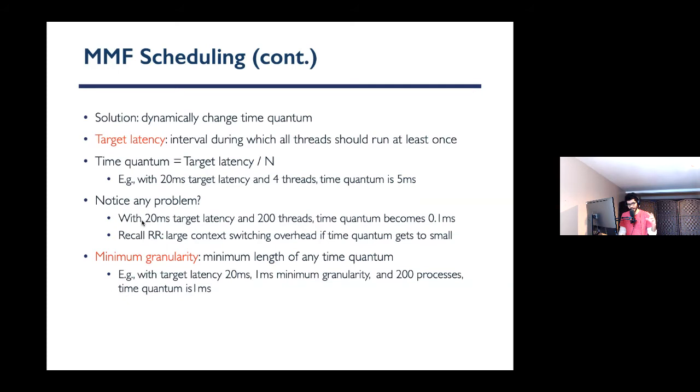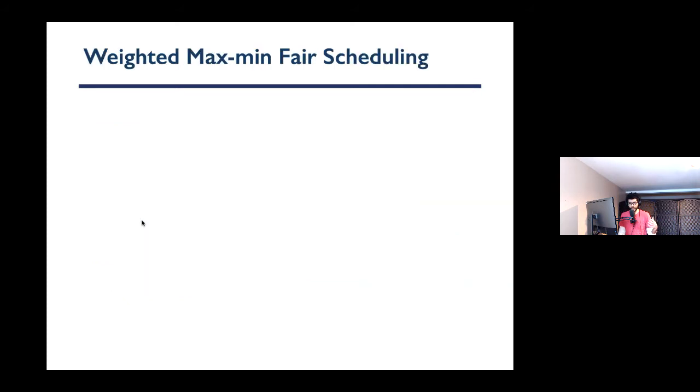Now, to make it a little more interesting, let's add priorities to this. Let's say I don't have all my threads at the same priority. Some of them have more priority, some of them have less. Can I add that notion to maximum fairness? The answer is yes. You can add weights, very similar to the notion of tickets that we had.